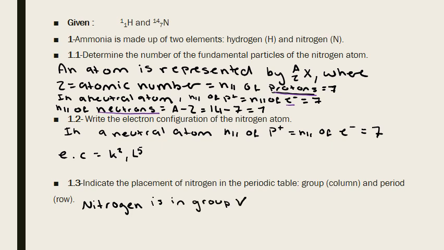Remember, groups we write in Roman numerals, because it's got 5 valence electrons, but you don't tell me that because it says indicate. And period 2. Period means row, so it's in period 2 because it's got 2 energy shells, K and L. But please do not write that because it says indicate.